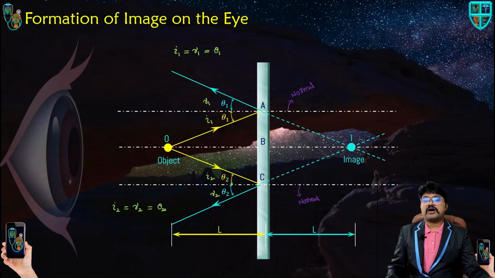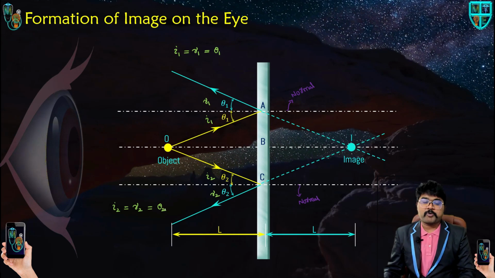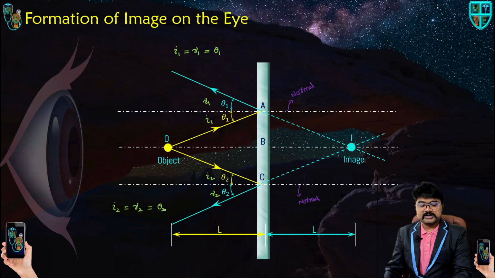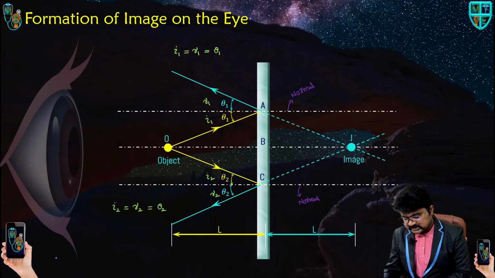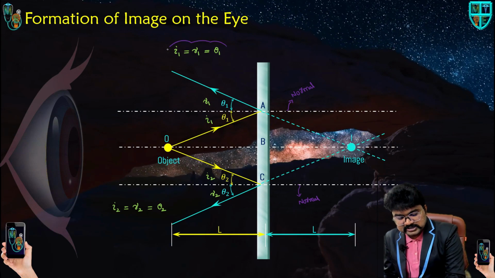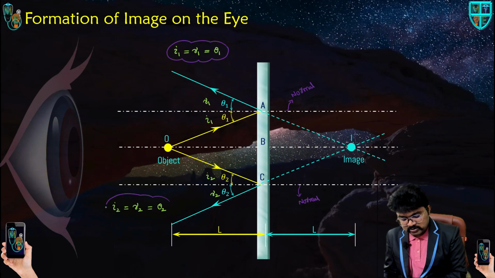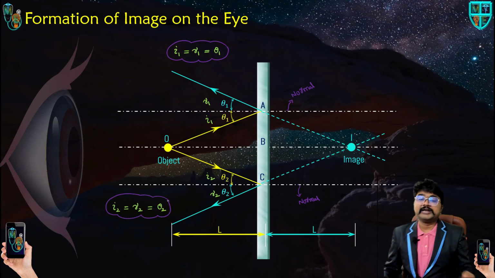This is the law of reflection at point C, and the law of reflection at point A. So you get I1 equals R1 equals theta 1, and I2 equals R2 equals theta 2.